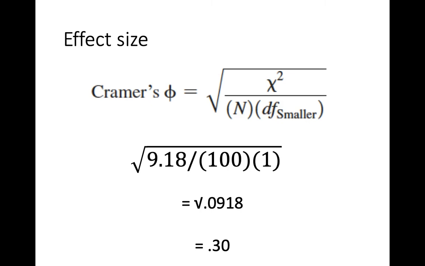Our contingency table was 2 rows by 3 columns, so the smaller side is the rows. There's 2. Degrees of freedom from the smaller side is 1. So we just take the square root of 9.18 divided by 100, which gives us the square root of 0.0918, which is equal to 0.3.